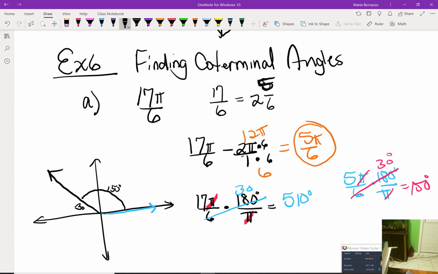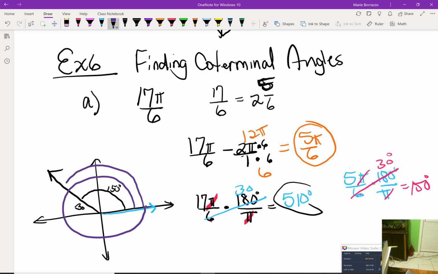According to the first angle given to us, that's 510 degrees. So if I take 510 degrees and go around the circle one time, that's 360. So ask yourself, 360 plus what will give me 510?